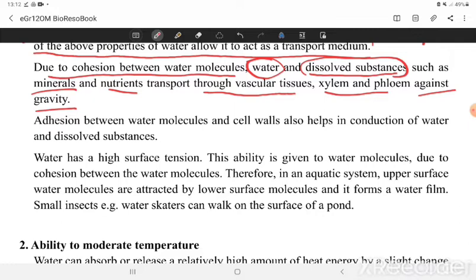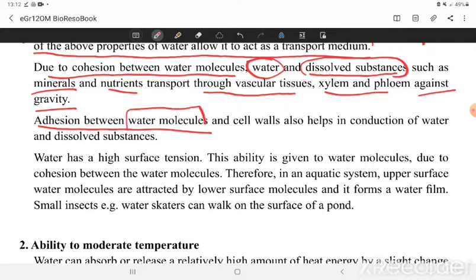Water can bind with glucose; there are certain interactions with glucose, so it can hold the glucose molecule. The water molecules attract the glucose molecule, and other nutrients too. So carrying those nutrients and minerals along with the water, they can transport through the xylem.